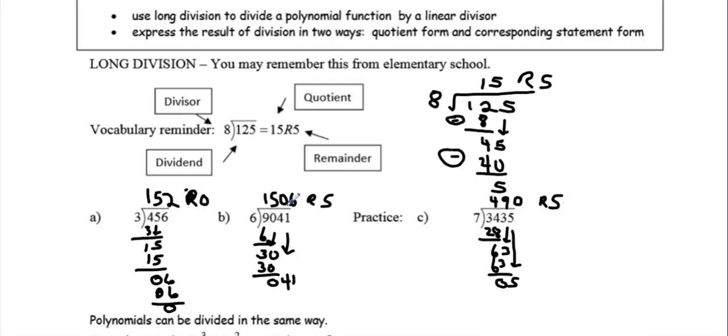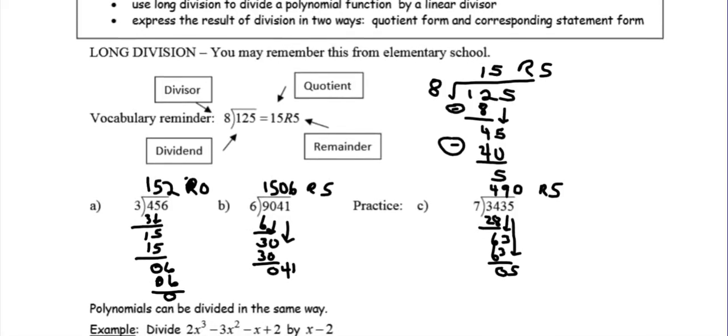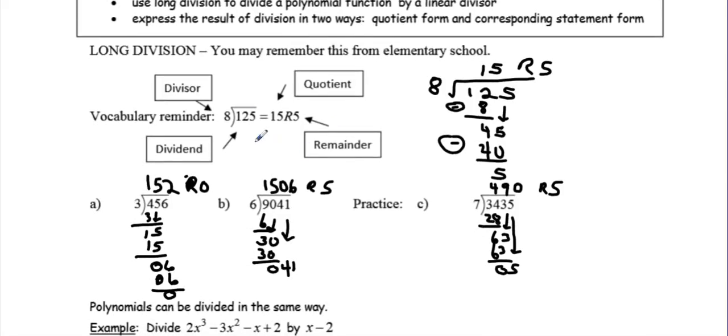You can check your answer. So what we would do for something like this is we could check our answer by taking 8 times 15 and adding 5 to it. Okay? So we have a way of checking our answers. So this is long division. Let's go over some of the vocabulary.